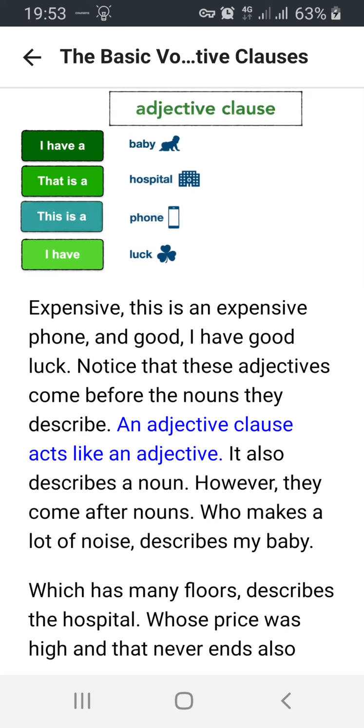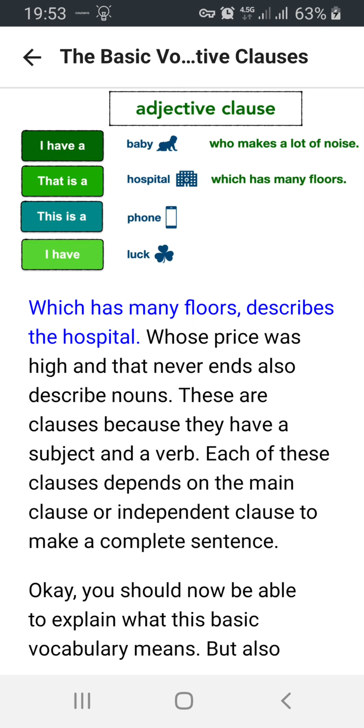An adjective clause acts like an adjective. It also describes a noun. However, they come after nouns. Who makes a lot of noise describes my baby. Which has many floors describes the hospital. Whose price was high and that never ends also describe nouns.